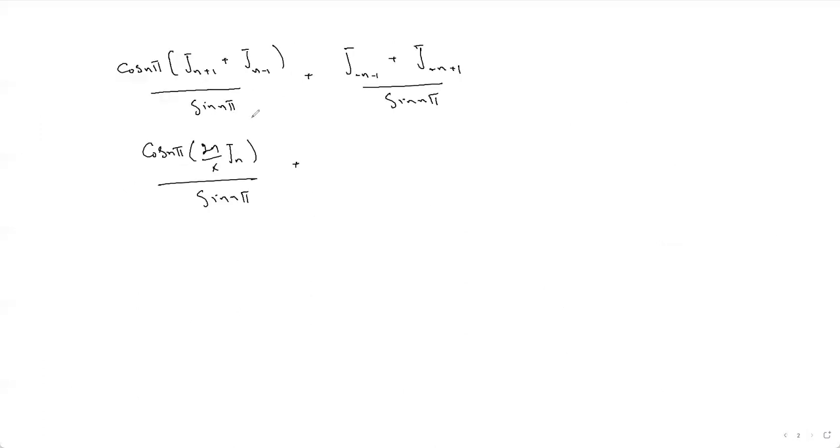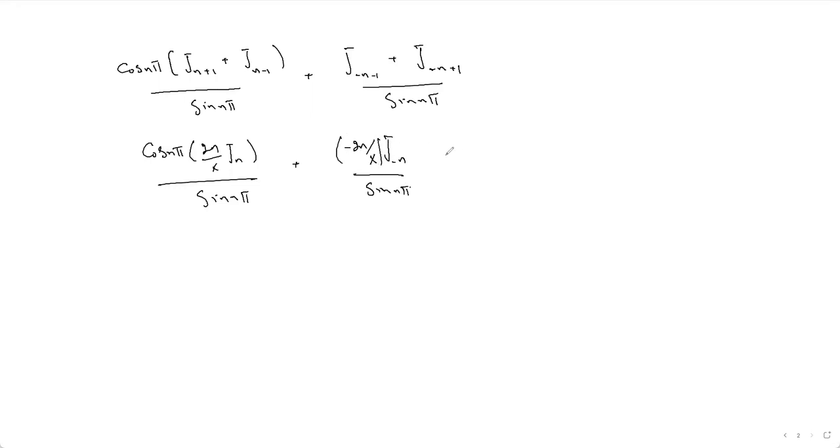Okay, so you will write down this as plus minus 2n by x J minus n divided by sine of n pi, right?